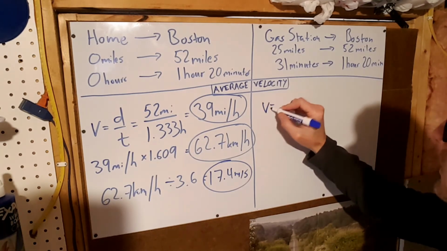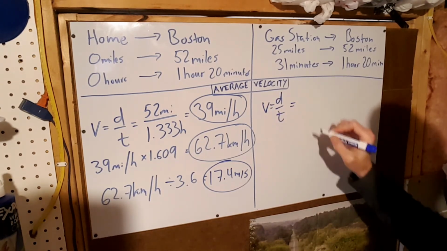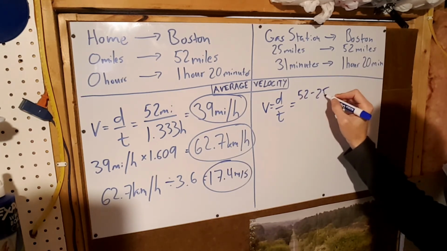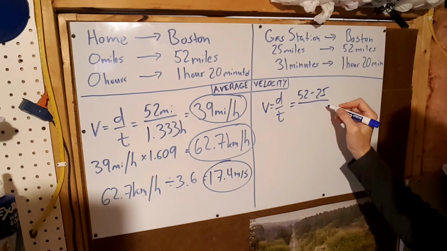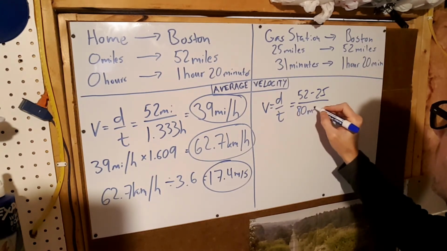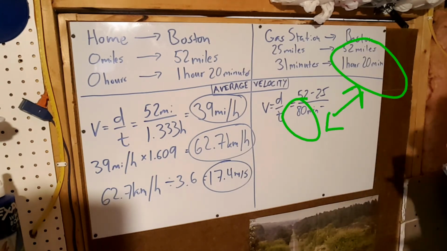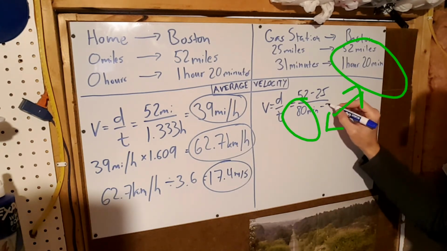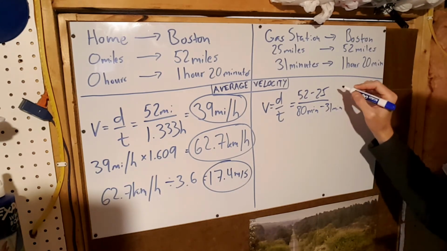Other side, V is equal to D divided by T. Your amount of miles between these two is going to be 52 minus 25. Your amount of time is going to be a total of 80 minutes, right? Because 1 hour is 60 minutes and 20 minutes, so 60 plus 20 is 80 minutes, and minus 31 minutes. So a little bit more interesting here.